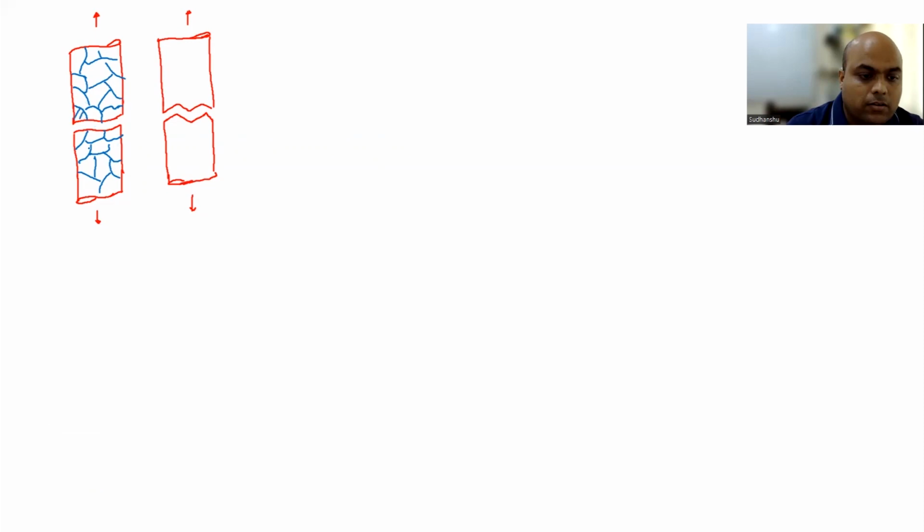Okay, so you have these three grains here. So the crack is propagating through these grains. Okay, so this is transgranular. In the second one, it is propagating through the grain boundary. Okay, so these are your grains here.